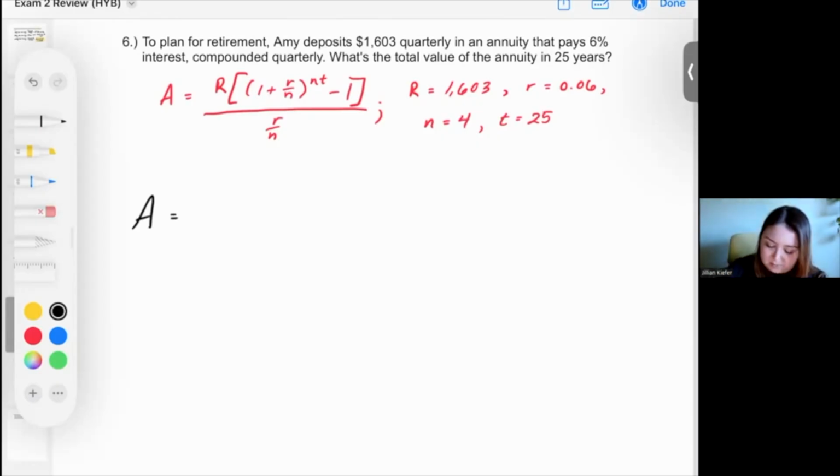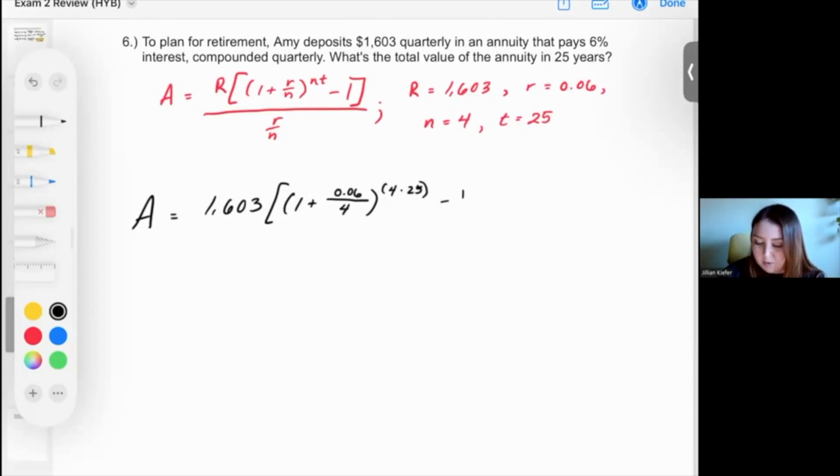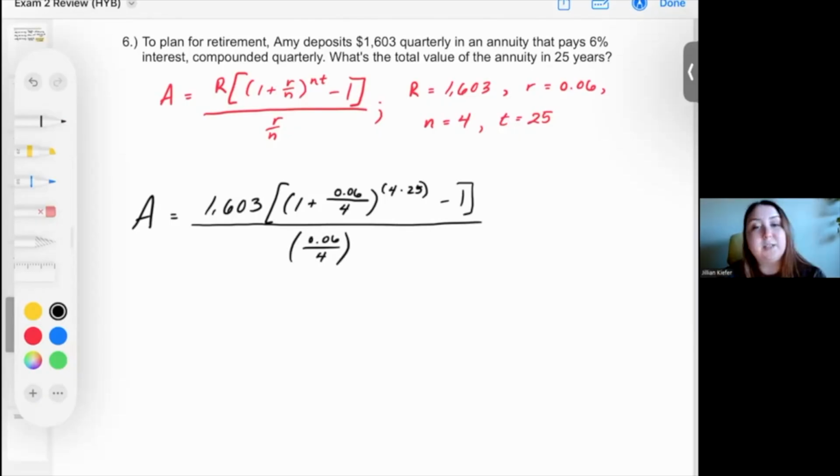It'll be equal to our periodic payments, our quarterly payments, 1,603 times 1 plus our interest rate, 0.06, divided by n, which is 4, to the power of 4 times 25, and all of that minus 1. And then all of that gets divided by 0.06 over 4. So this is our formula.